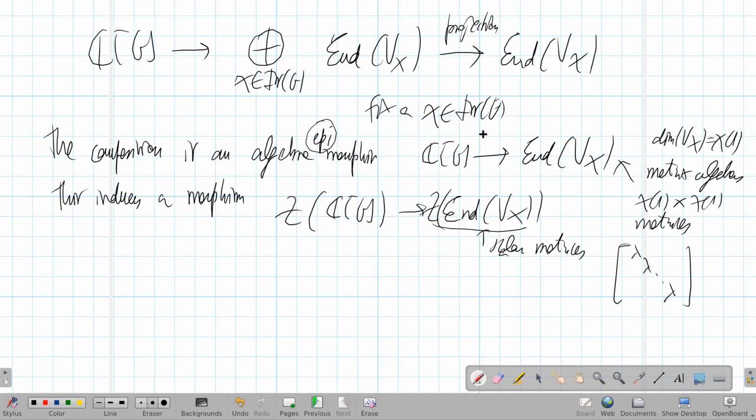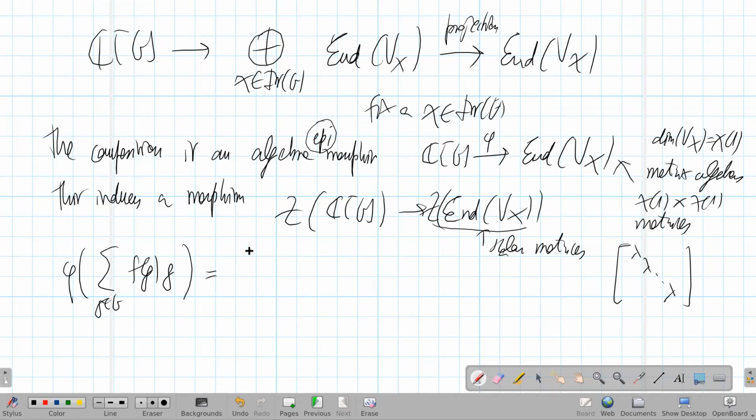We'll call it phi. Well, phi is very simple, and you can call it rho, because what does phi do to an element here? It simply applies rho. Remember, chi is the character of a representation rho.